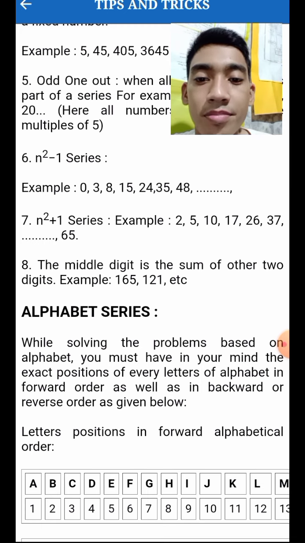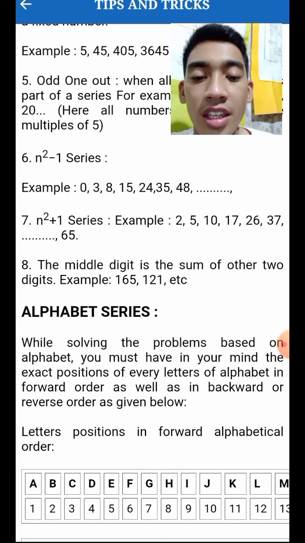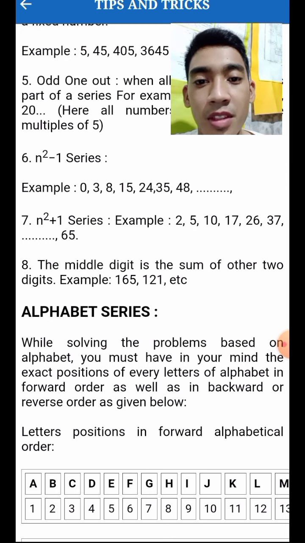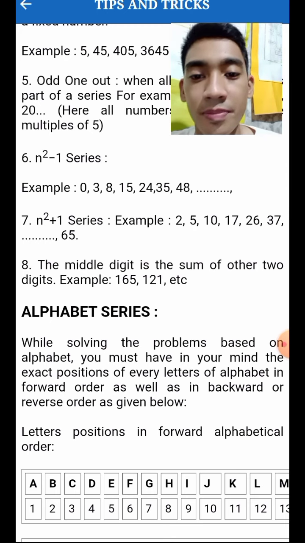Next, how about the n squared plus 1 series? Here, it's the opposite of n squared minus 1.